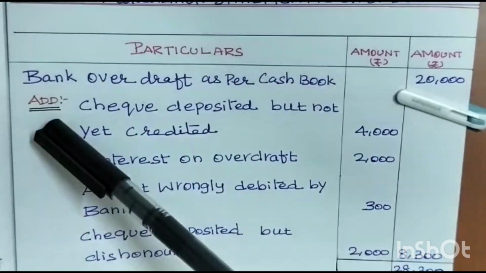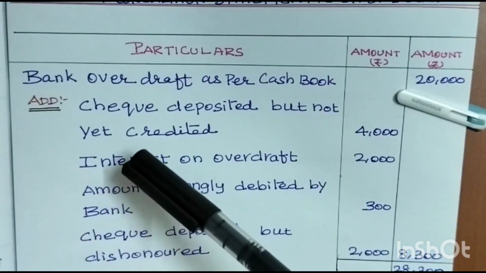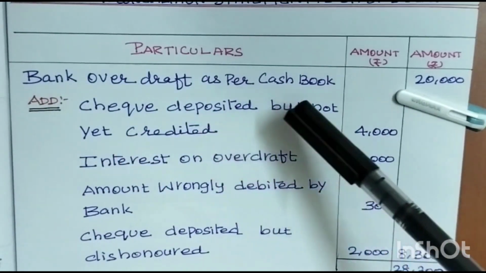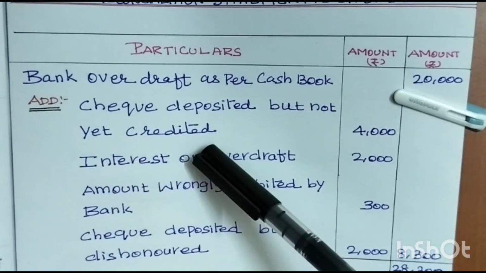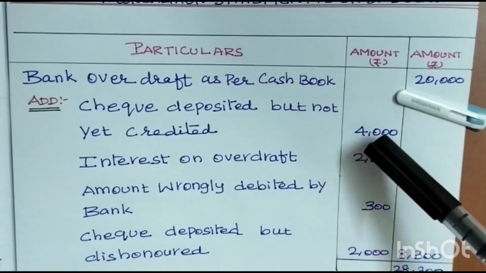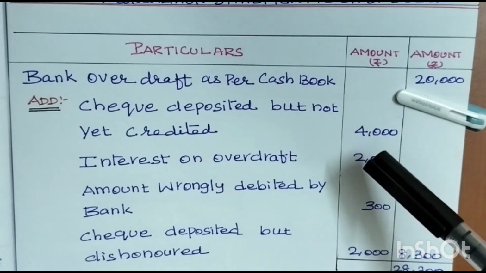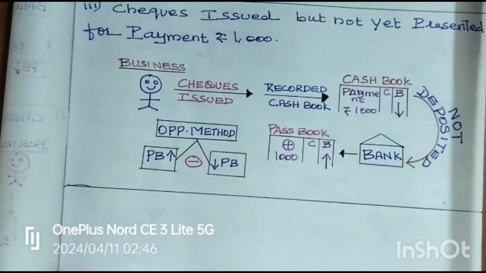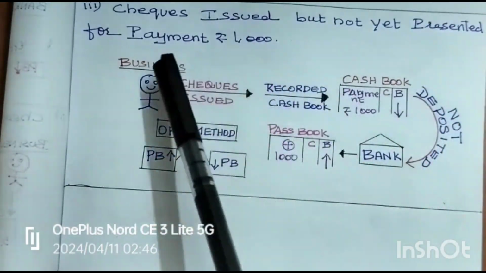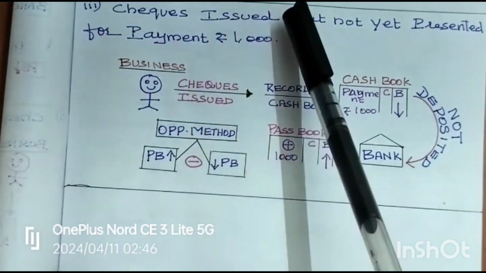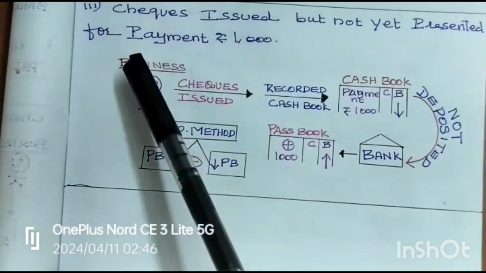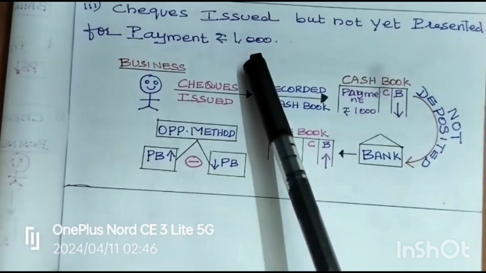So in add column you have to write checks deposited but not yet credited, and 4,000 rupees is to be entered in the inner amount column. Entered. The next transaction is issued check but not yet presented for payment, 1,000 rupees.